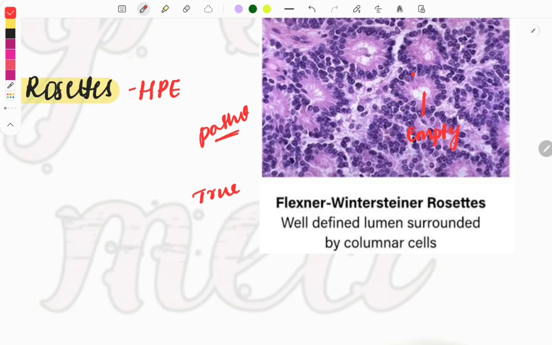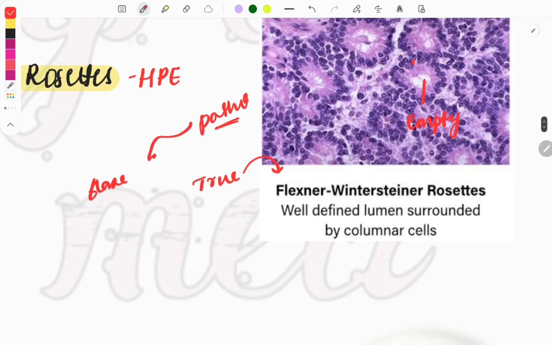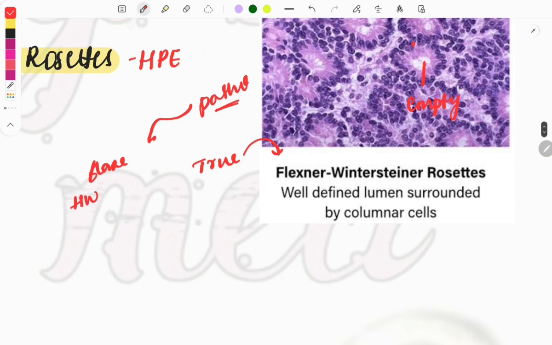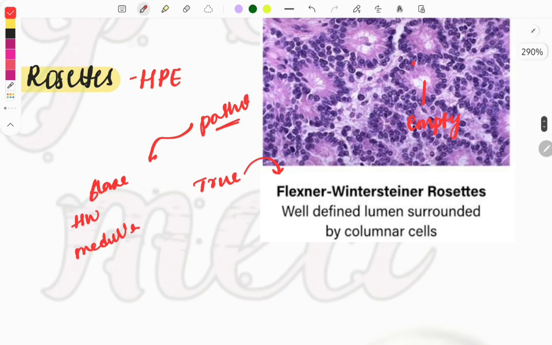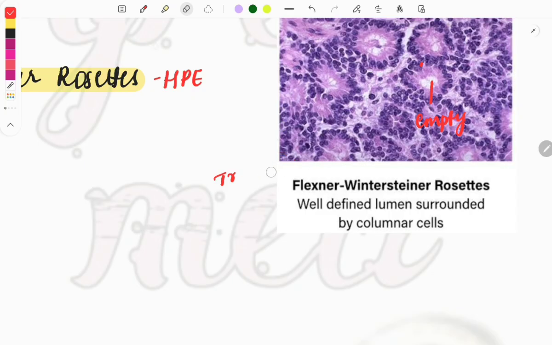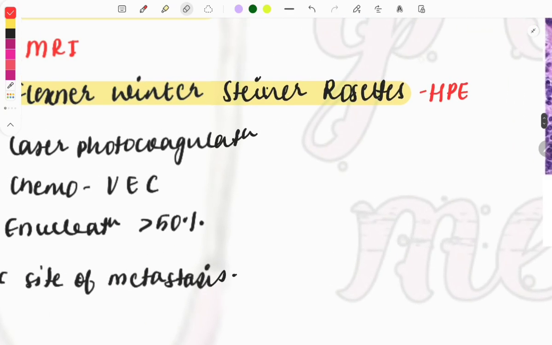From the pathology point of view, rosettes are classified into true and false rosettes. The true rosette is the Flexner Wintersteiner rosette. The false rosette is the Homer Wright rosette, and this is seen in medulloblastoma. This was just an extra point from pathology, as we are discussing Flexner Wintersteiner, so I thought let me discuss that also. So this is about the histopathological examination.